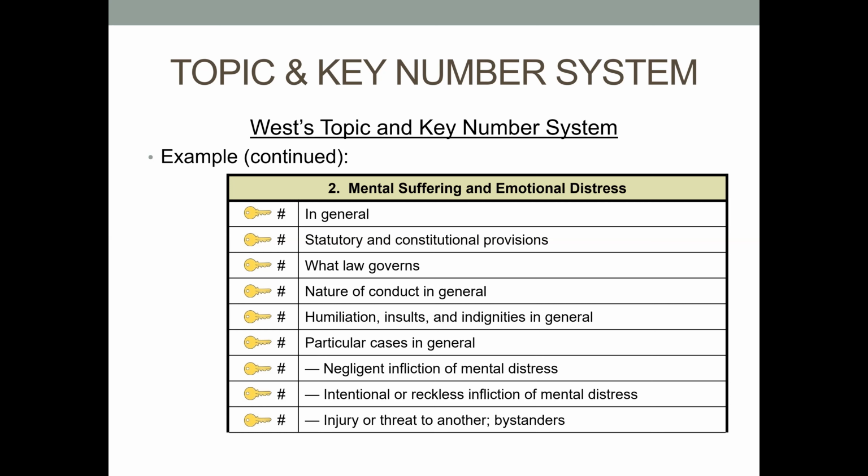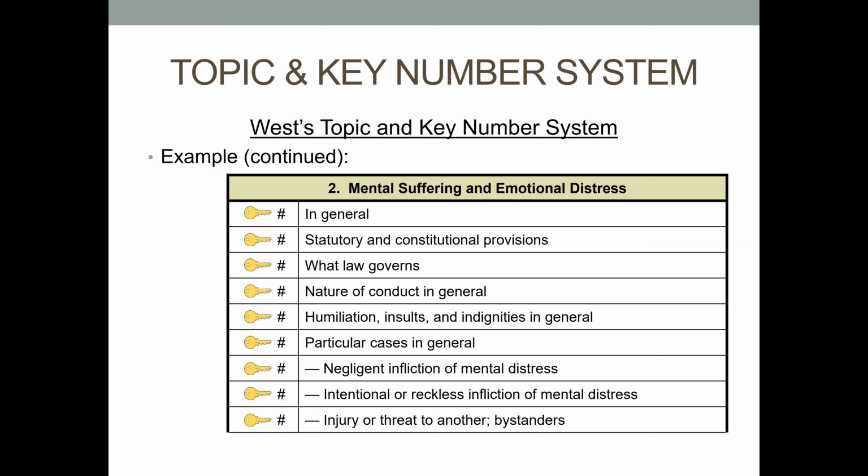And so the mental suffering and emotional distress is divided into a key number subtopic that is just discussing that issue in general. The second one is statutory and constitutional provisions. The third one is law that governs the recovery of these types of damages.